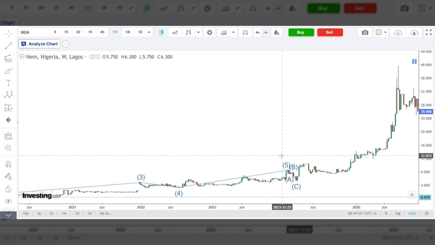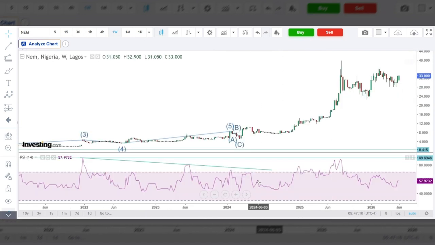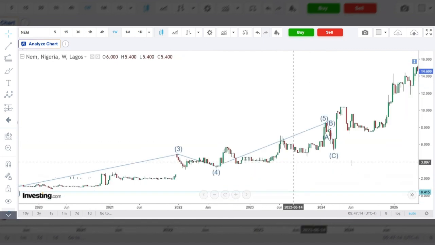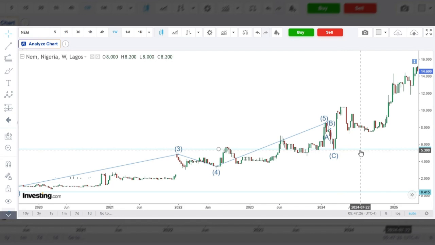Then we'll now start with another wave count. So this is where our one will be. You can see this tweezer bottom, and you can see it's also on a support level. Let me draw the support line here. Make it a bit thick so I can see.